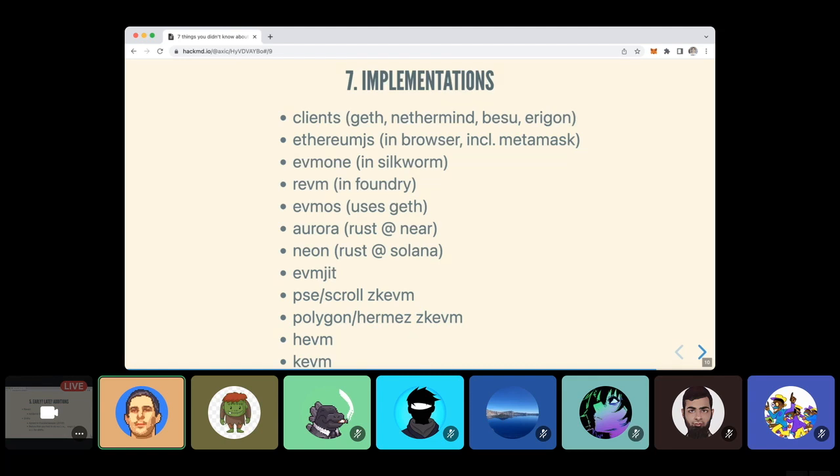Erigon branched off Go Ethereum. So the EVM implementation is very similar, and I think they even take the changes from upstream. But Erigon, as I mentioned earlier, were the pioneers of the flat database model.